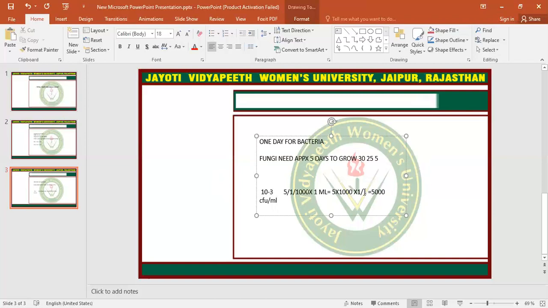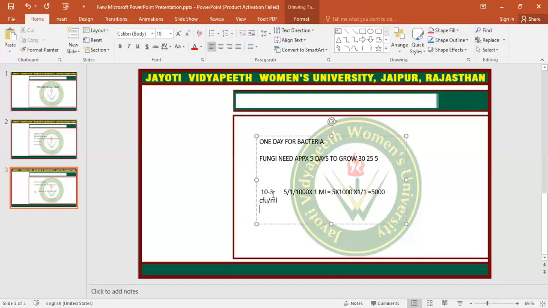Okay, we can calculate the number of bacteria or number of fungi by counting the CFU, that is the colony forming unit. And the colony forming unit for the dilution 10 to the power minus 3 is 5000. And we calculate each dilution 3 times, because we prepared 3 plates for each dilution.